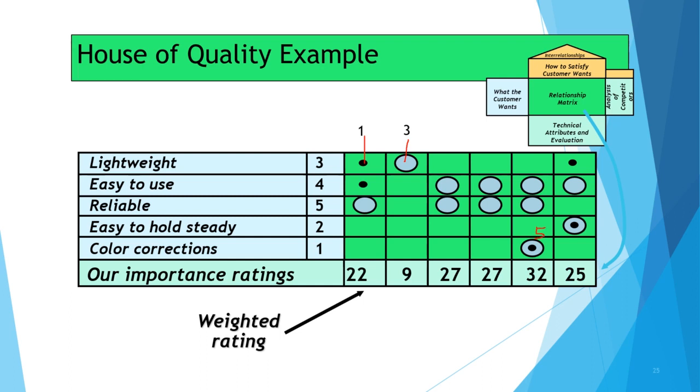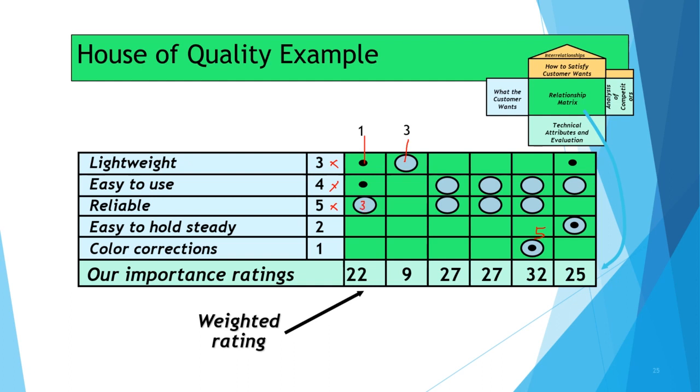So 3 into 1 plus 4 into 1 plus 5 into 3, for example, this is 3, not 5. So this is 5, this is 3.